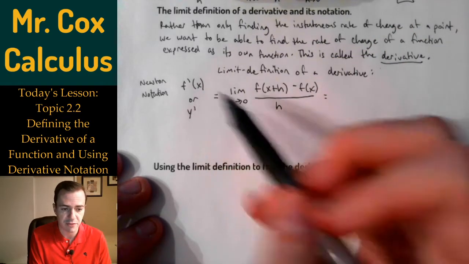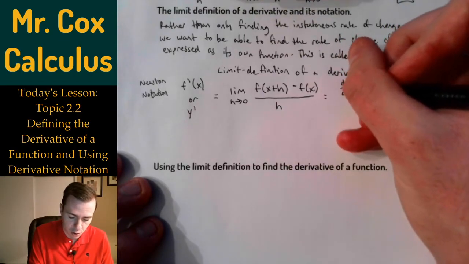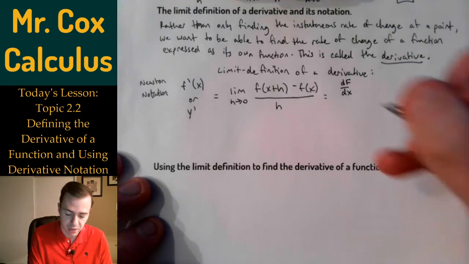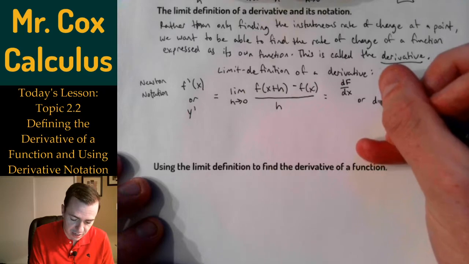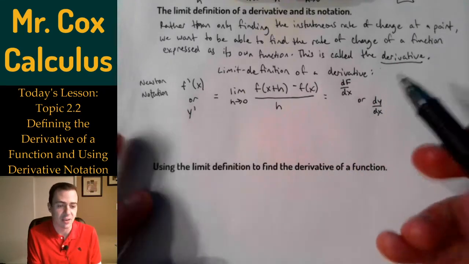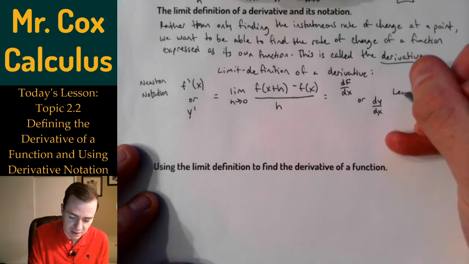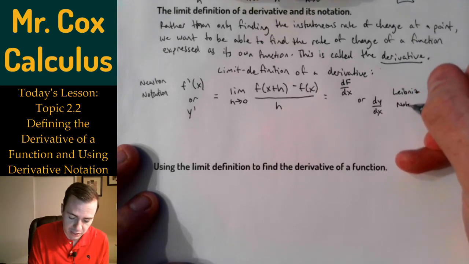If you're talking about a function of x, he describes it as df over dx, or if it's a function of y, you'll see the term dy dx. And I actually kind of like this notation. So again, that mathematician, his name was Leibniz, and that was his notation.